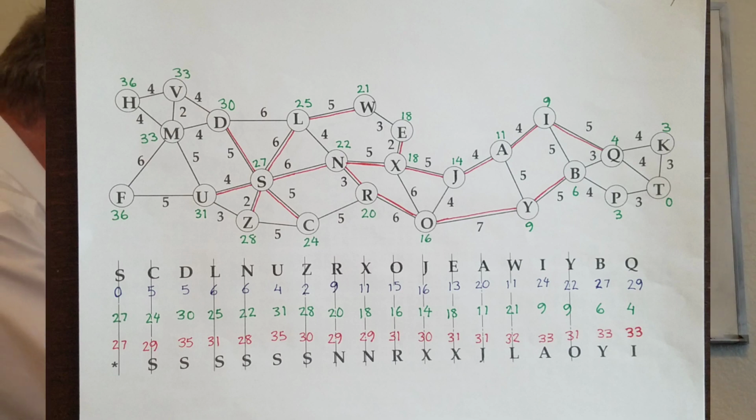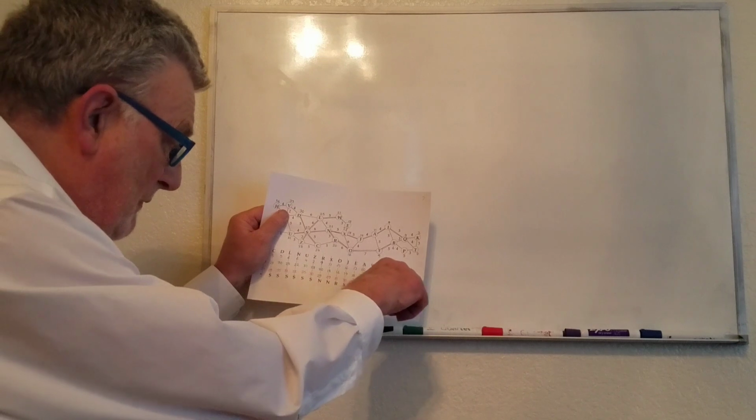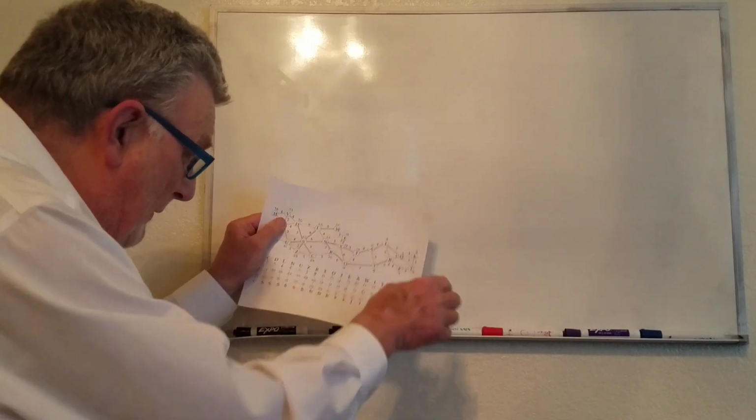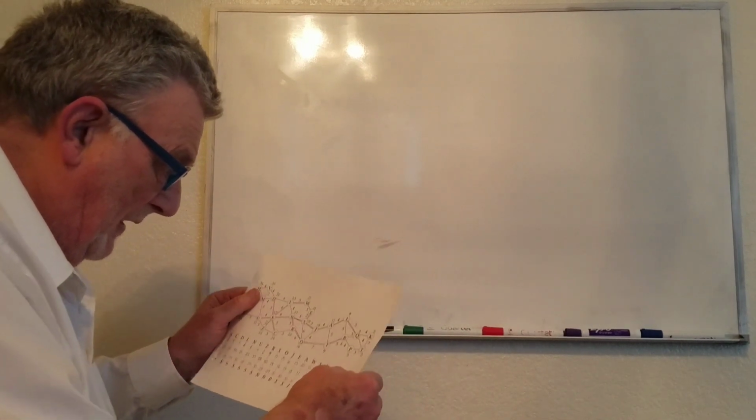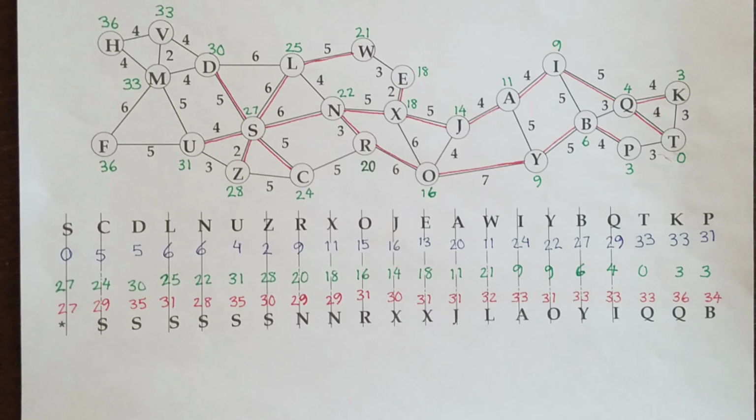So basically, we've deleted Y, W, and E, and O, and we get B and Q. Actually, I think O was deleted the previous step. But in any case, we now continue to build the table in this direction, toward the right. This is our last figure.